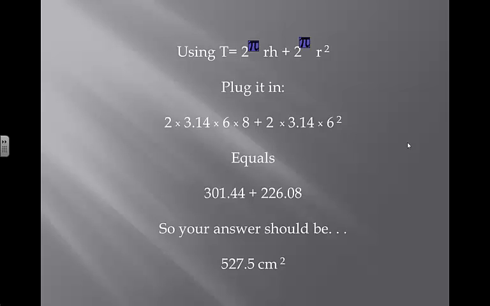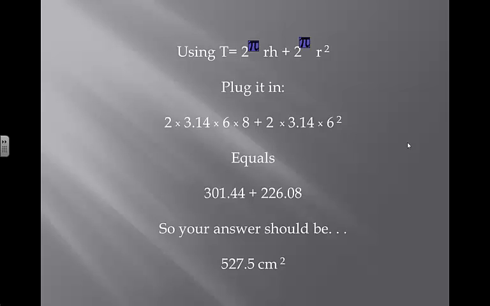Just plug in the numbers: 2 times 3.14 times the radius, which is 6, times the height, which is 8, plus 2 times 3.14 times the radius, 6, squared, or 36. That comes out to 301.44 plus 226.08, so your answer should be 527.5.